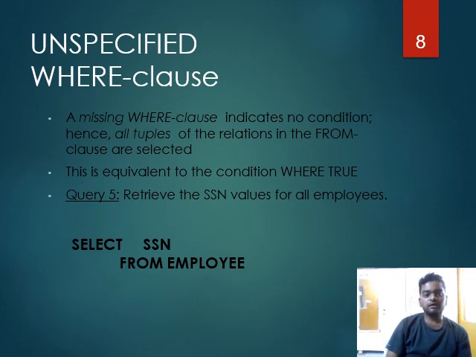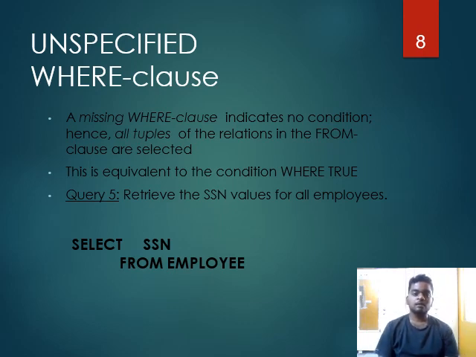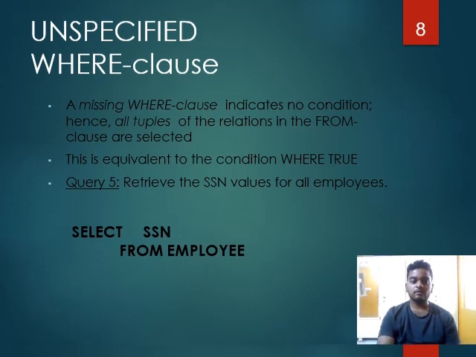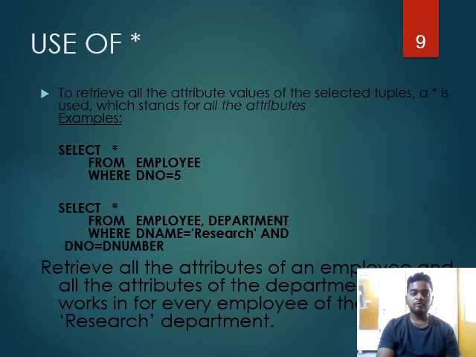Unspecified where clause. A missing where clause indicates no condition, hence all tuples of the relation in the from clause are selected. This is equivalent to the condition where true. Query 9: retrieve the ssn values of all employees. Use of star.